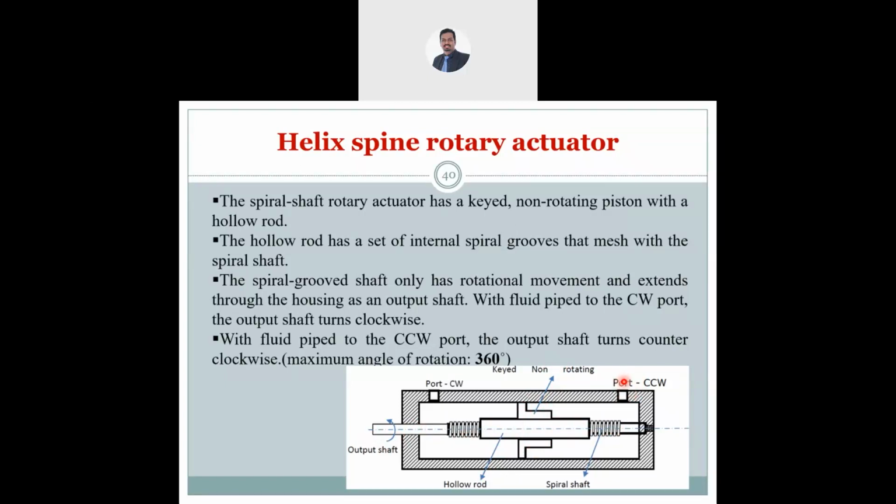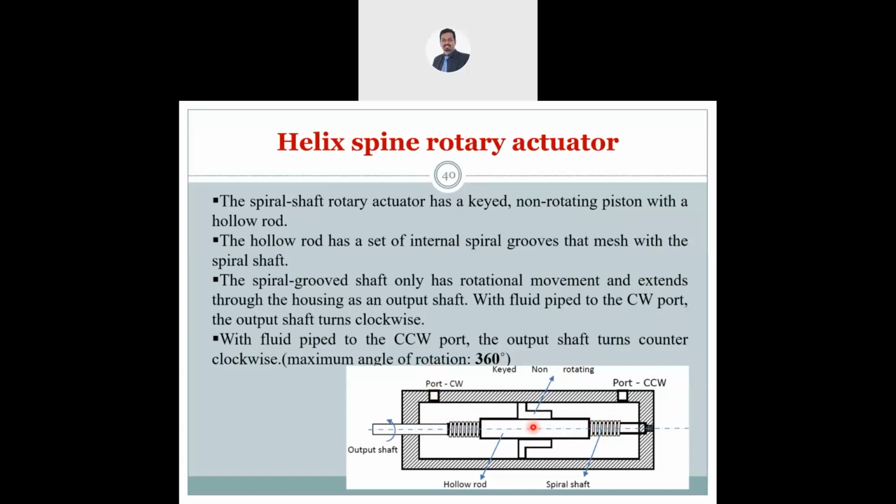Okay, so when you are supplying airflow, if you want the shaft to turn clockwise, so CW is clockwise and CCW is counterclockwise. So you just need to supply here and this thing will move. It won't rotate, but it will move left and right.